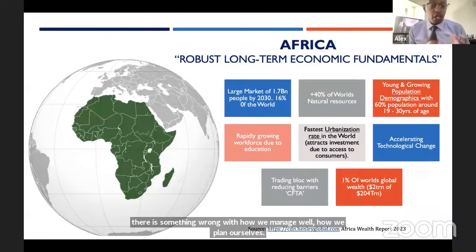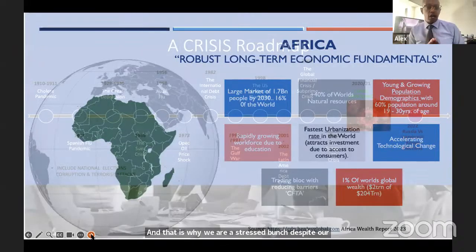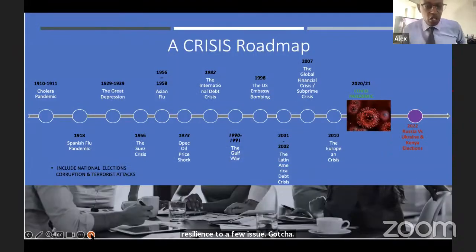And that is why we are a stressed bunch, despite our resilience to a few issues, such as COVID. Africa was very resilient compared to the expectations on a health basis. But on a financial basis, it was a crisis, which we are still carrying today. You can see what's going on, because businesses were shut, people lost jobs.